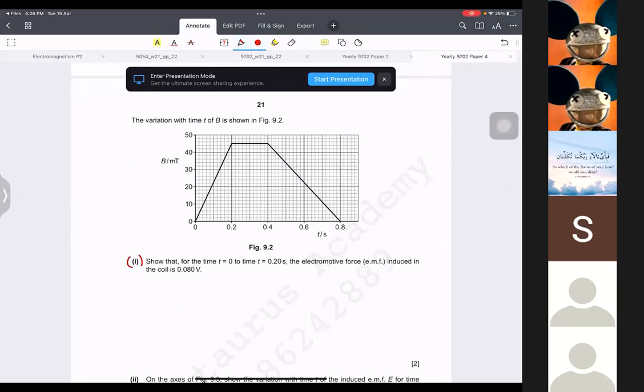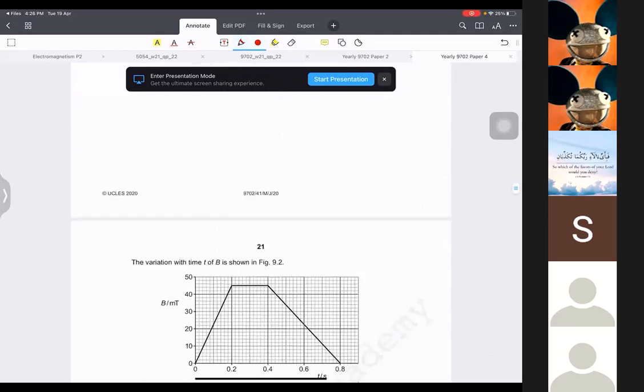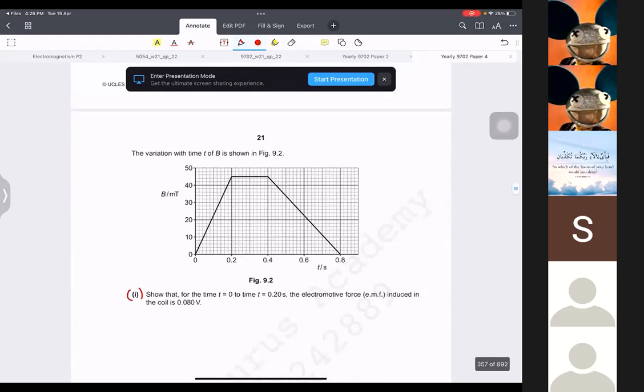Okay, now show for the time t0 and time t20 2.0 the EMF of the force induced is this. So now basically what you do, you can take the gradient. First of all, we got to find the change. Okay, we can find it, it's not a big deal.